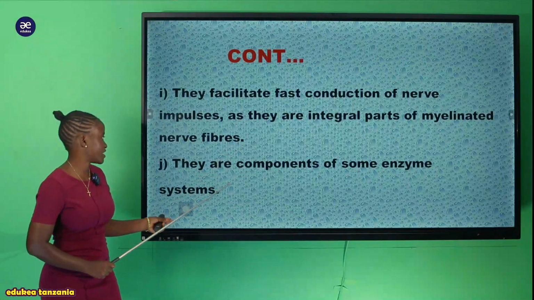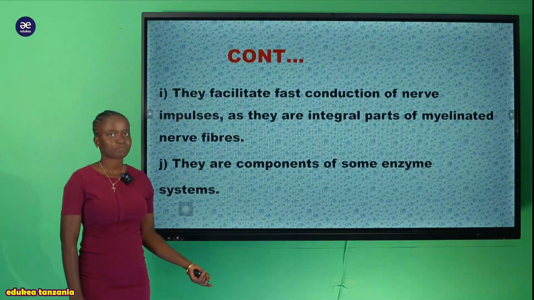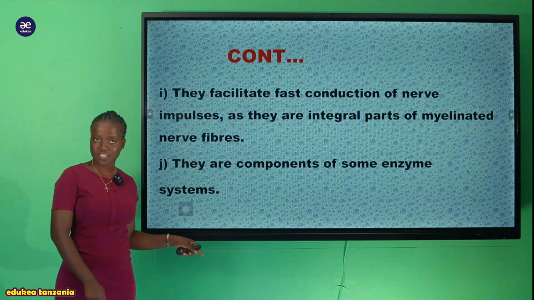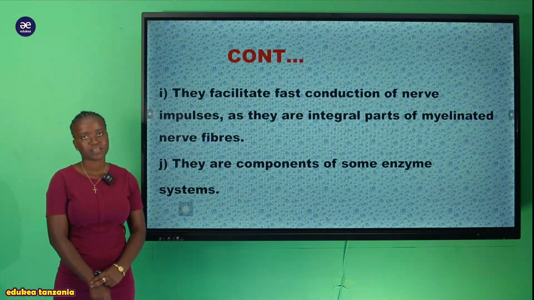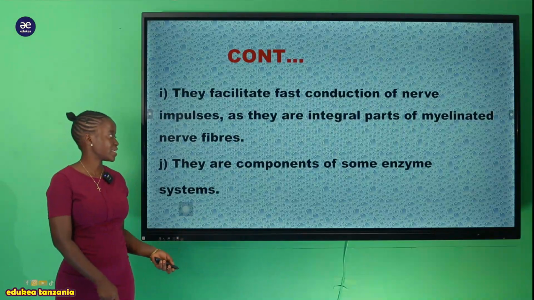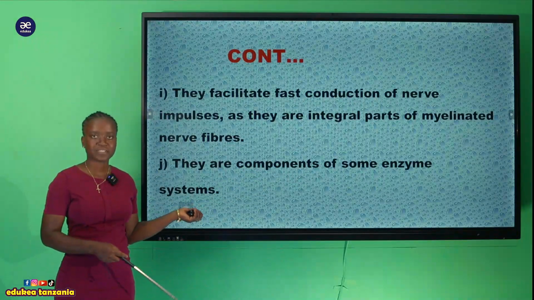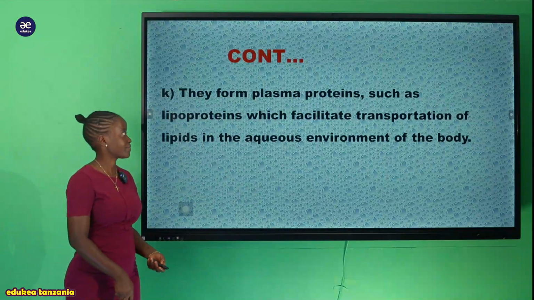But also we have another function, that is they are a component of some enzymes. So when we look at some enzymes, they have been made with these structures which are the lipids. We're going to see the importance of the lipid within the enzyme while we are discussing the enzyme.